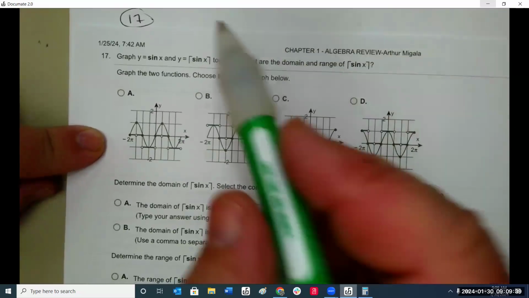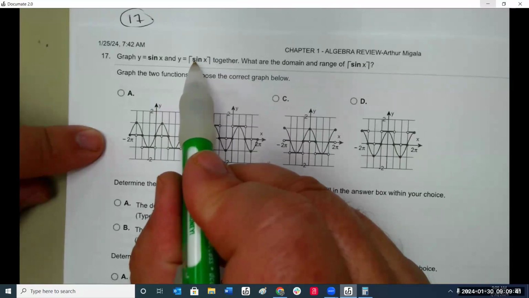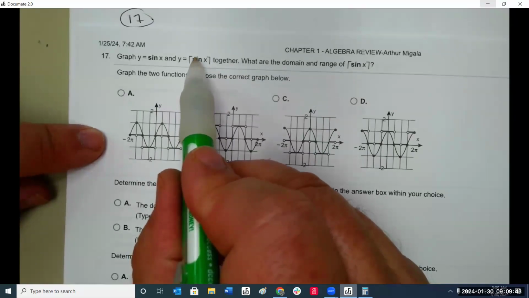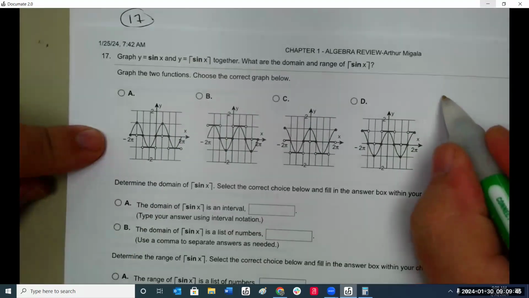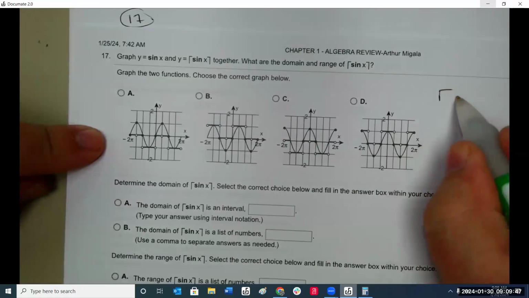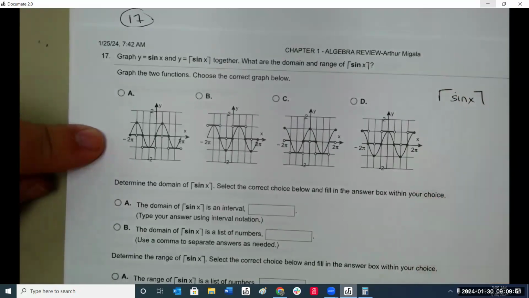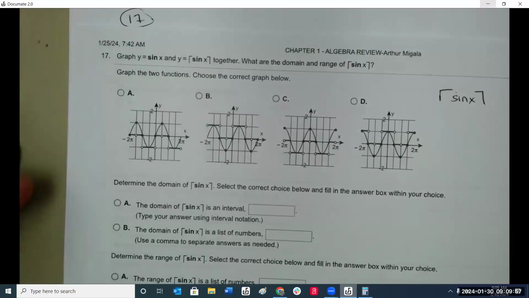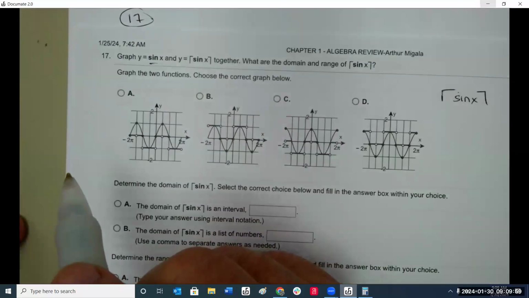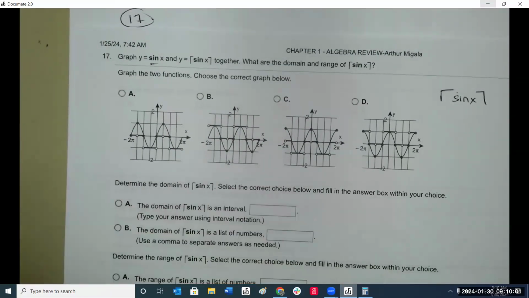I'm unfamiliar with that symbol. Anybody remember what that symbol means? I don't know what it means because they also have a sine x right here. To me, they look both the same.